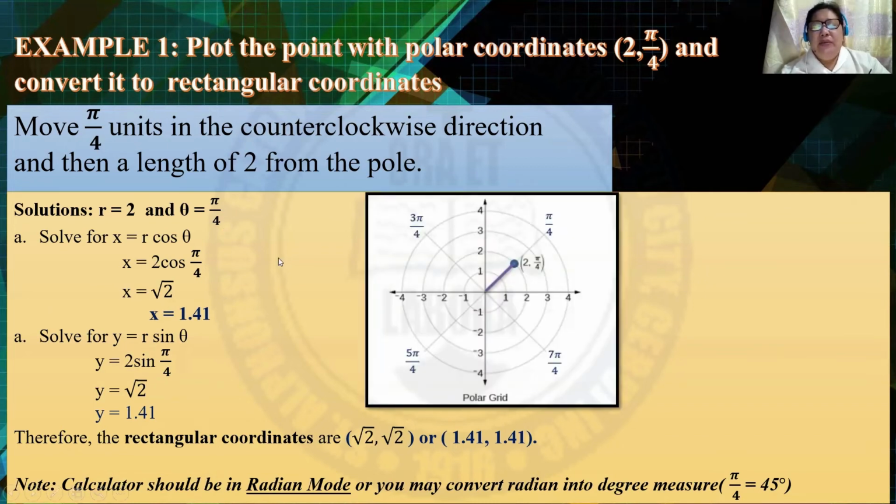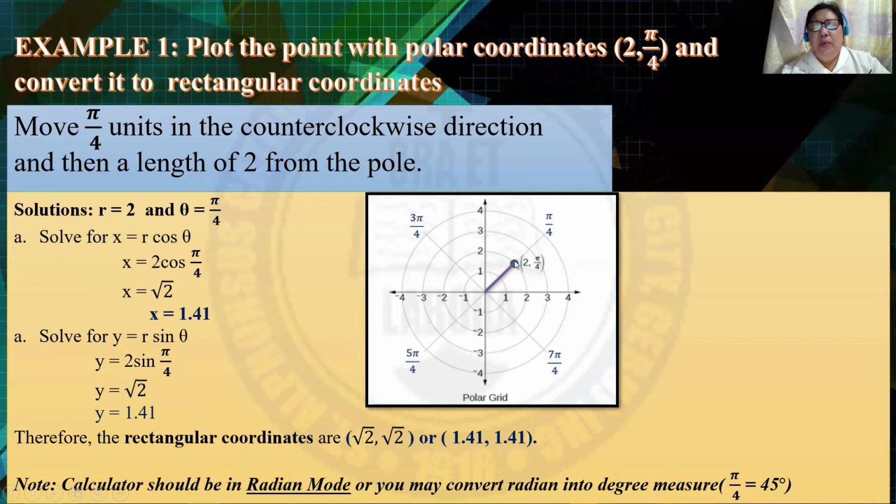Now, this is how to graph. This is the polar grid, scaled 1 to 4. Here, 1 to 4, negative 1 to negative 4. From the pole or from the origin, you draw a segment going to this point, which is equivalent to a distance of 2, and this location is equivalent to 45 degrees or pi over 4.